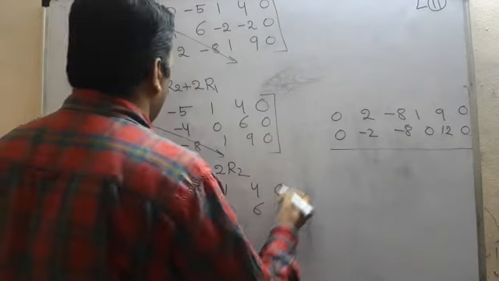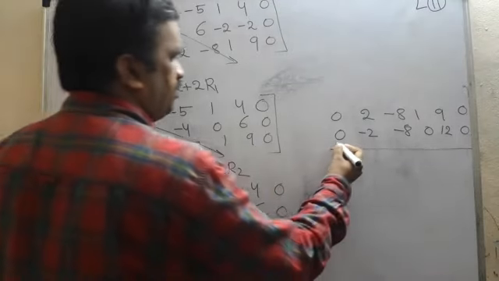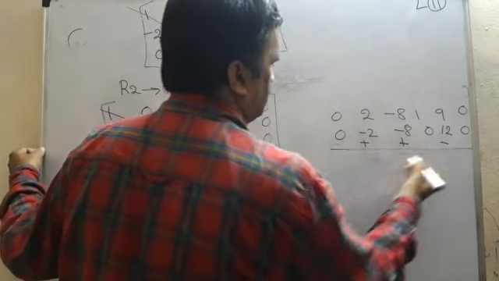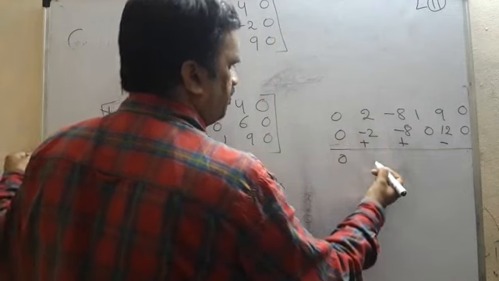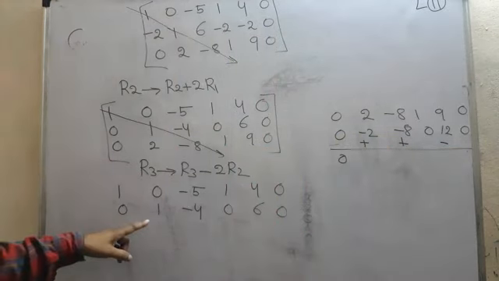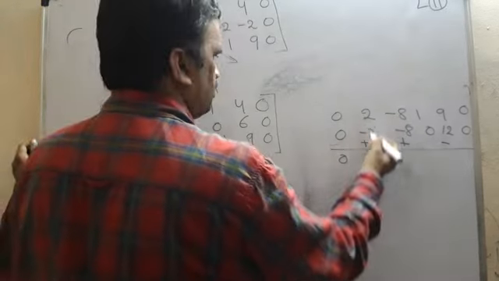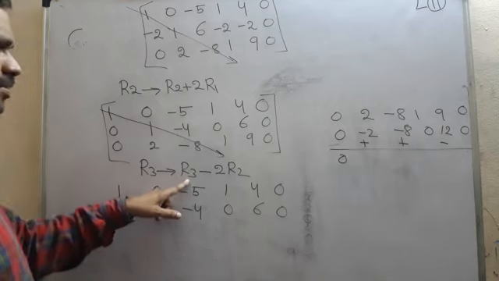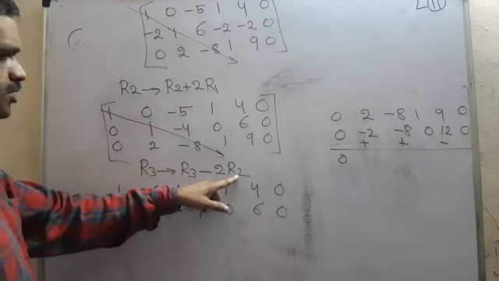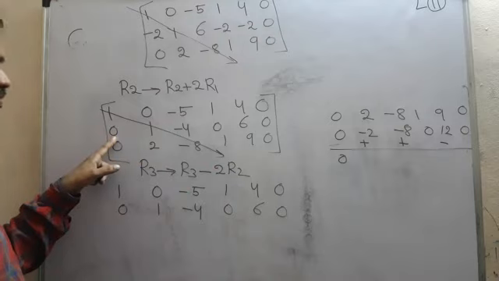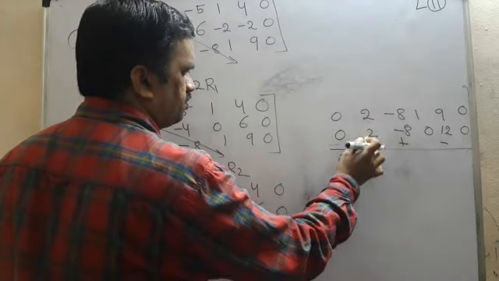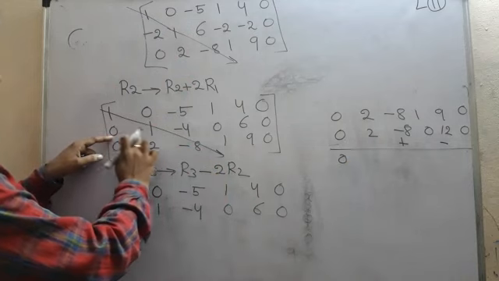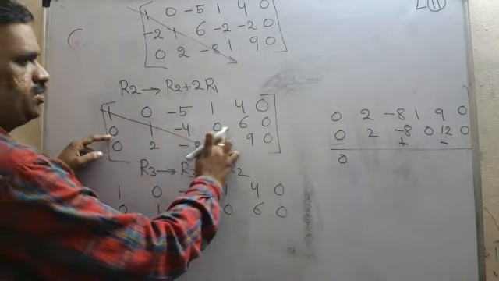Now we have to subtract. Here we have R3, we are multiplying the second row with 2 times: 0, 2, minus 8, 0, 12, 0.